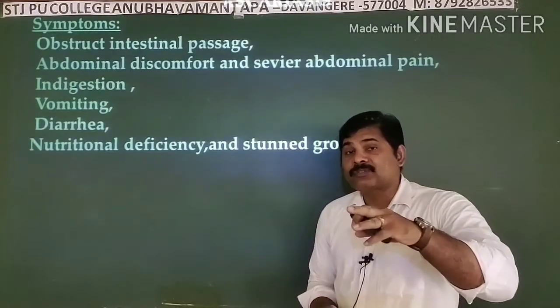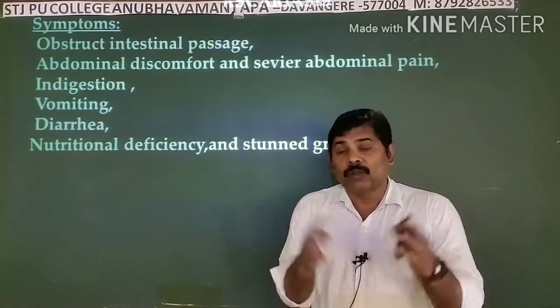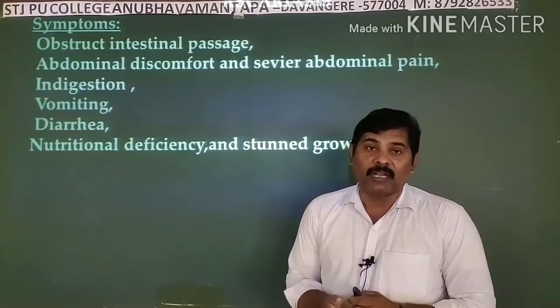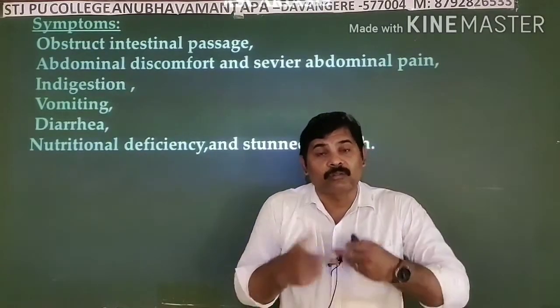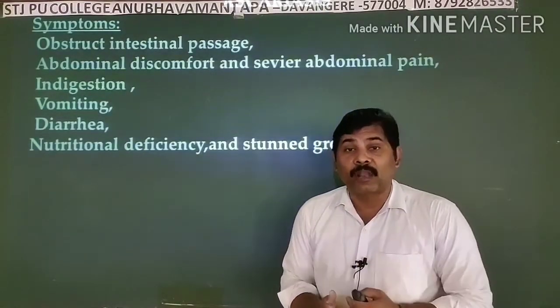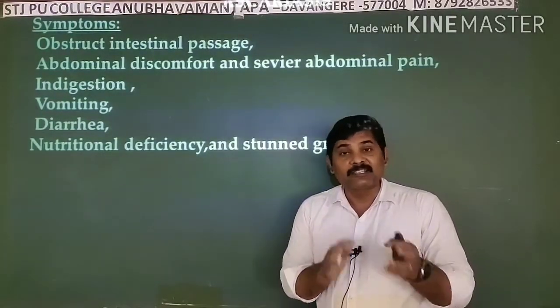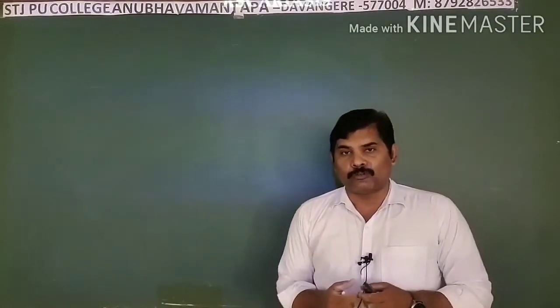Because of consumption of all the food material by these worms present in your intestine, your body will not get a sufficient amount of nutrients in the required quantity, so it leads to malnutrition deficiency. Deficiency of nutrients is technically known as malnutrition. And thereafter, in some cases, in children particularly, it leads to stunted growth also.